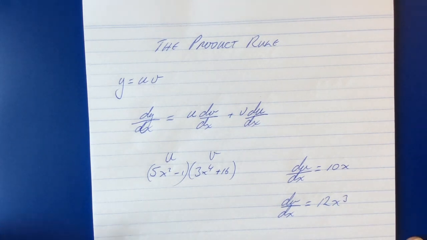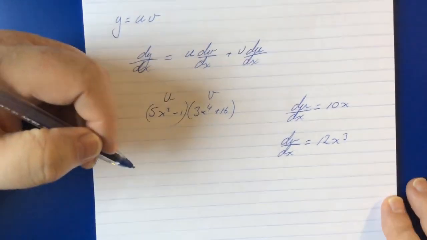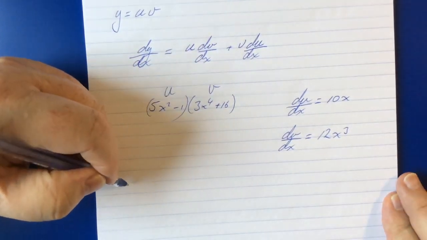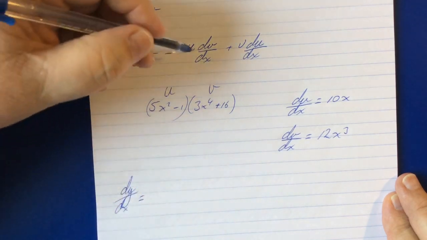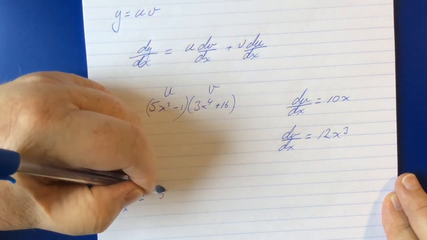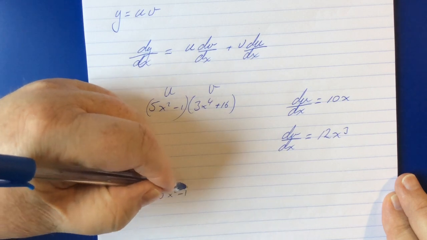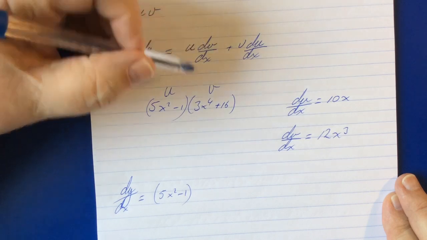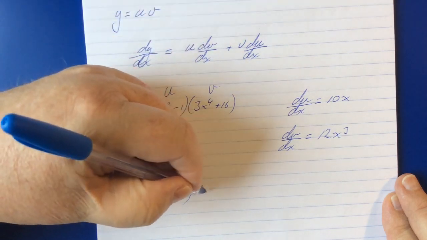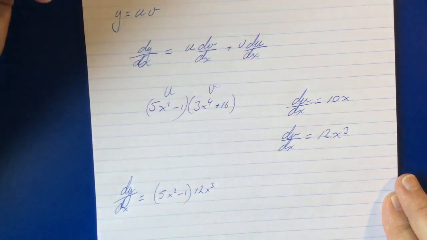Right, so let's go to work. We'll get some space. dy/dx is equal to u, which is 5x squared minus 1, times the derivative of v, which is 12x cubed.